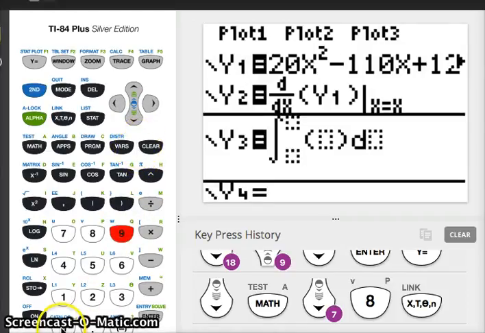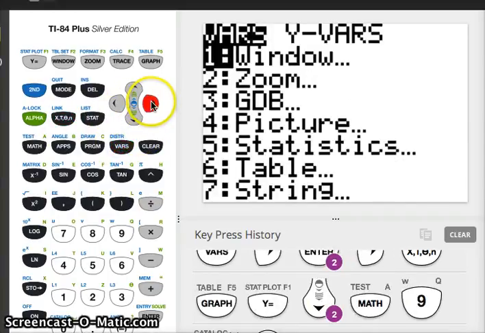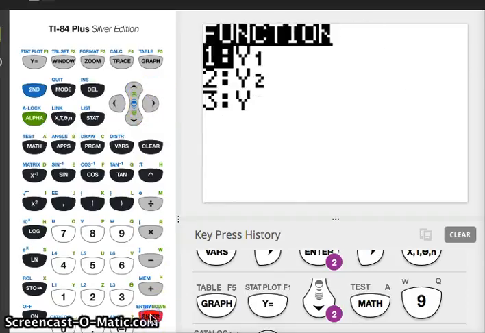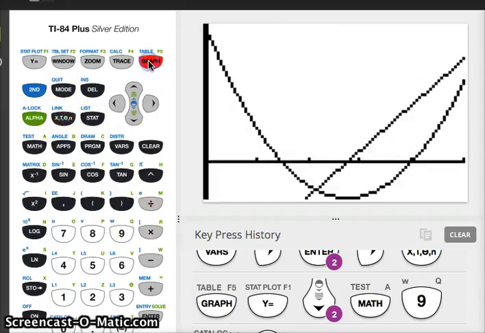So we're going to put 0 for the lower bound, x for the upper bound, and y1 for the function, so that's vars, y1. And our variable of integration is x. Okay, so let's graph this and see what happens.